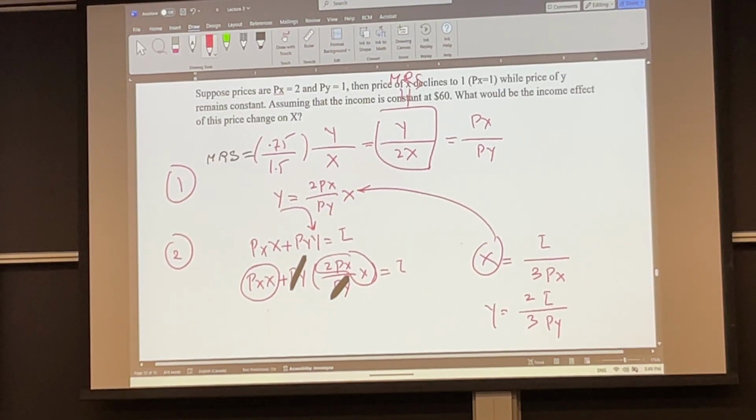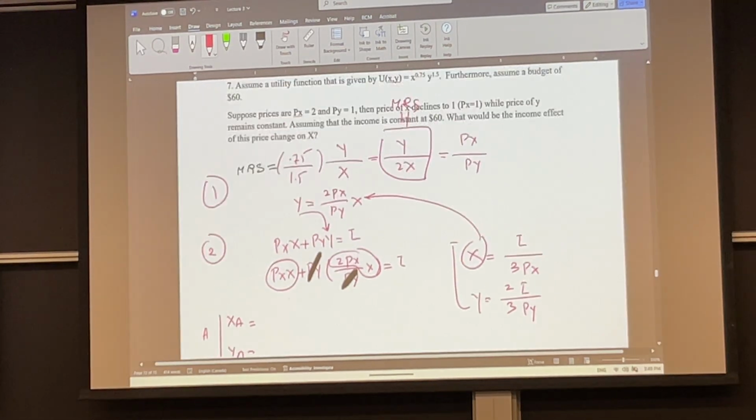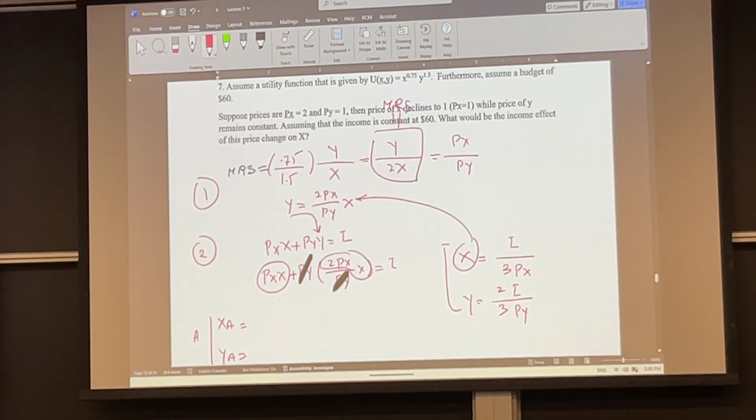So I found demand for x and y. That allows me to find the initial bundle. For that, I'm going to plug in the income, that's 60, and the initial prices. That is 2. So what's the initial bundle?